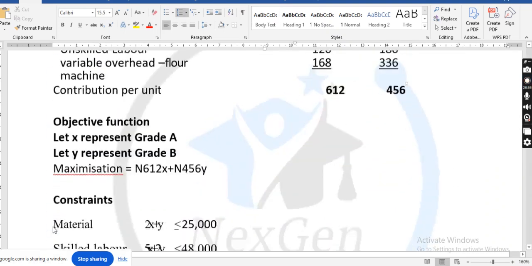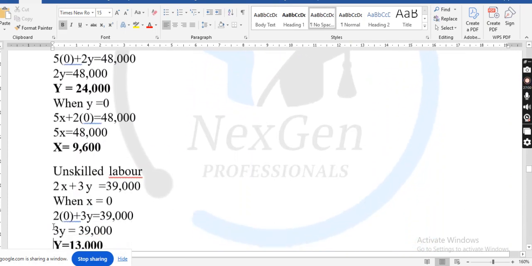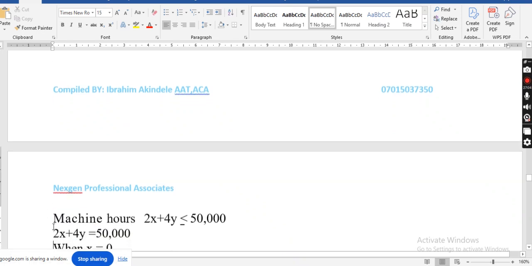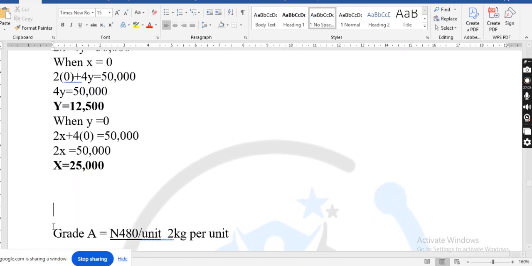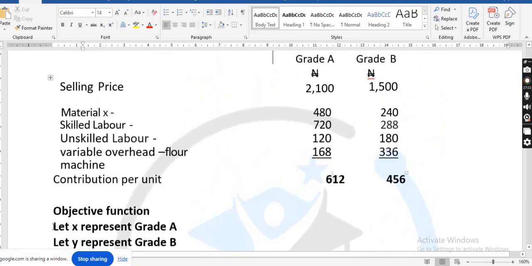Ideally, we're supposed to use this to plot our graph, and from the graph we get the feasible region. From the feasible region, we can get our units from there. But in this case, we'll not be able to use this. So let's quickly go to the B part of this question.